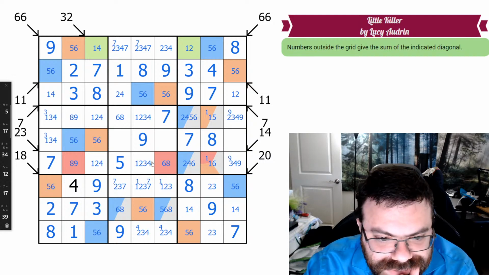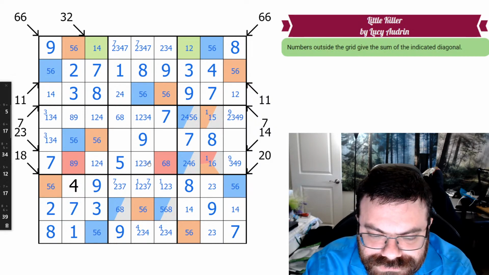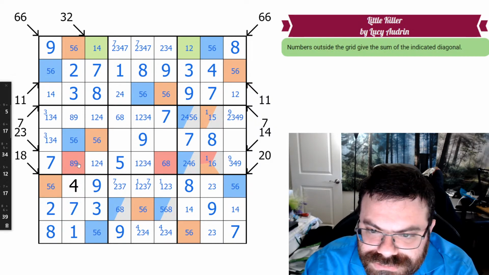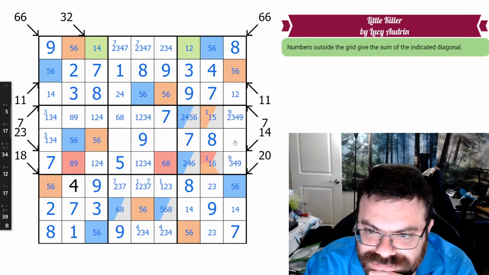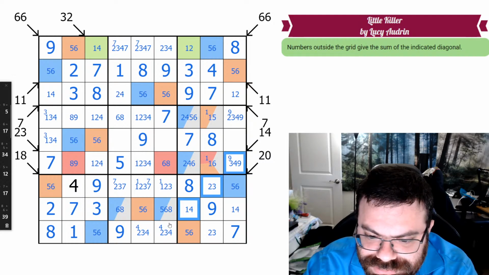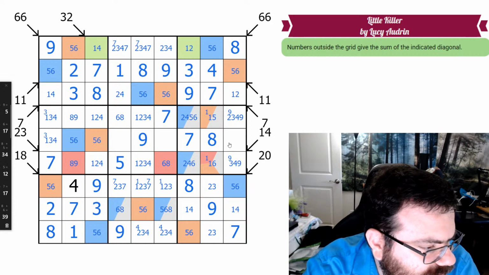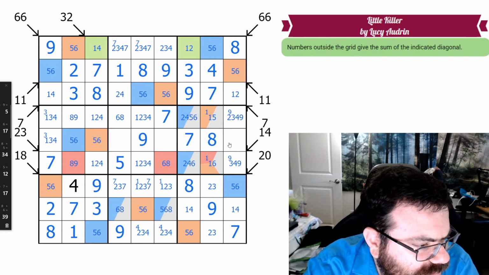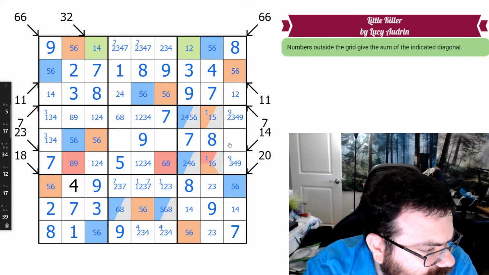Interestingly. This has been quite the ending. Three in box 9.